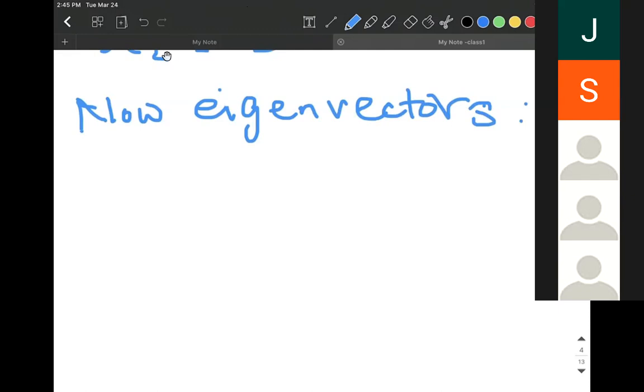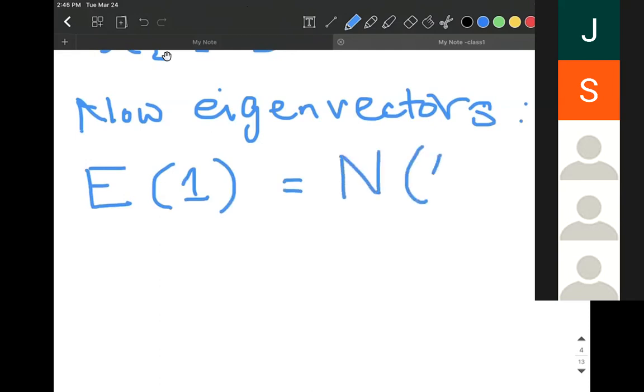We need to find, so let's give this the following name: E of 1, which will be the null space of A minus 1 times I2.